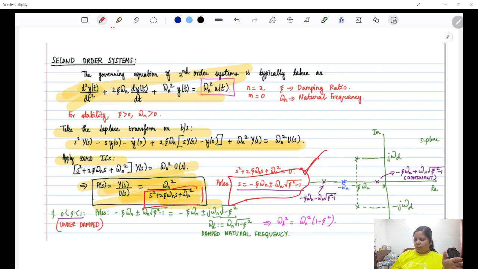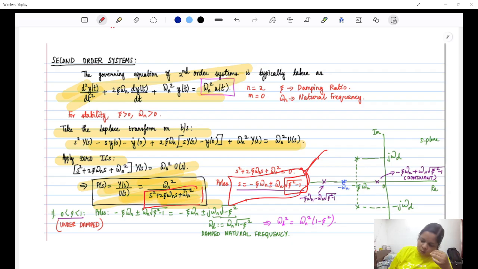Inside the square root we have the square root of zeta square minus 1. If zeta is greater than 1, it has a different effect. If it is 0, a different effect. If it is between 0 and 1, a different effect.